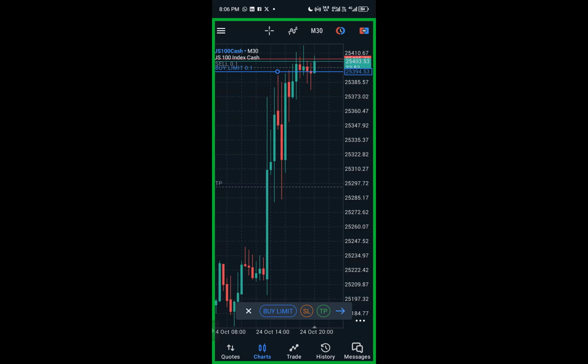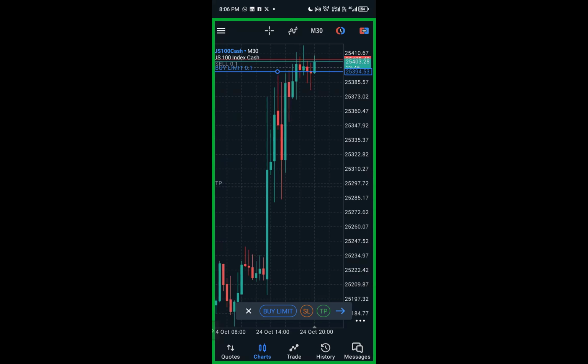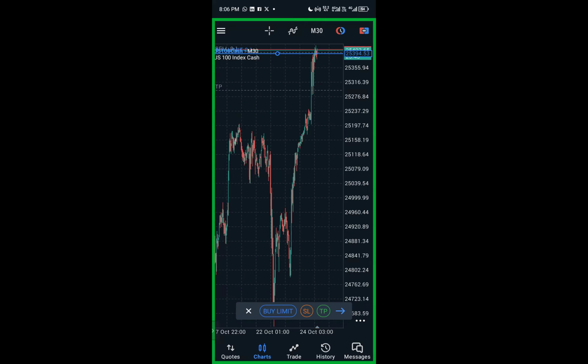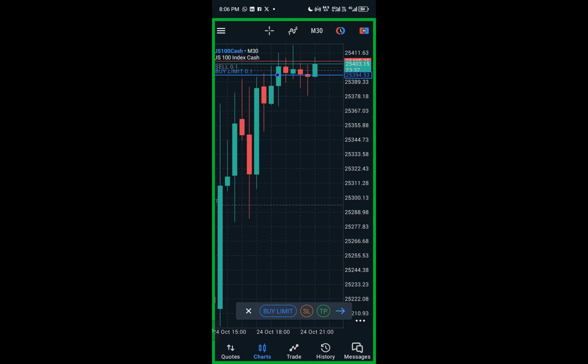Now squeeze the chart, let it be smaller so that you can see where the stop loss is. Squeeze in the chart, you want to see the top of the chart. You're not squeezing in the chart.